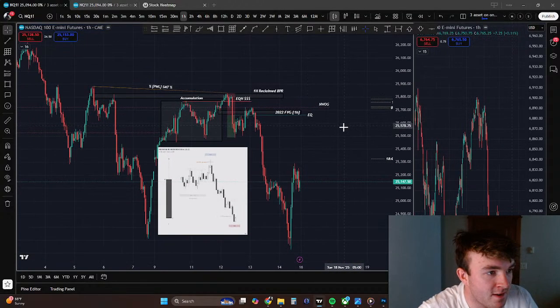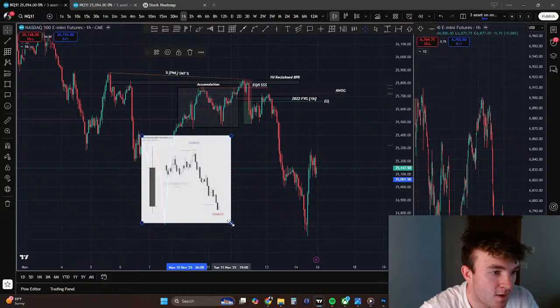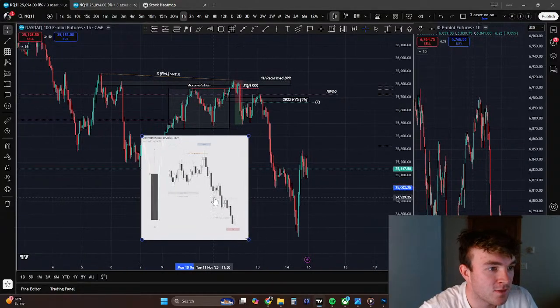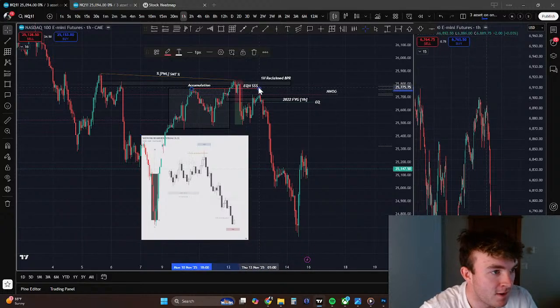Yeah, the best 2022 models do sweep equal highs, relative equal highs.